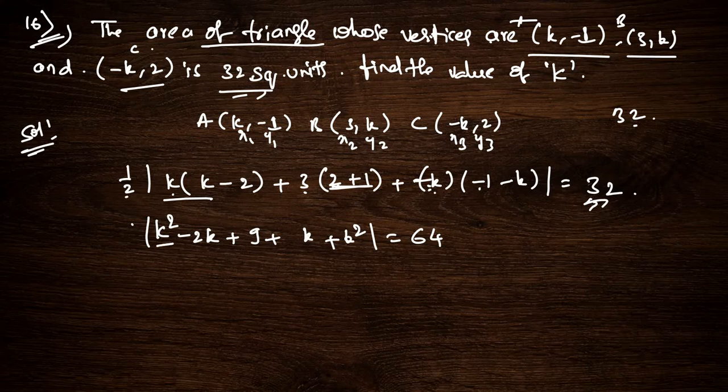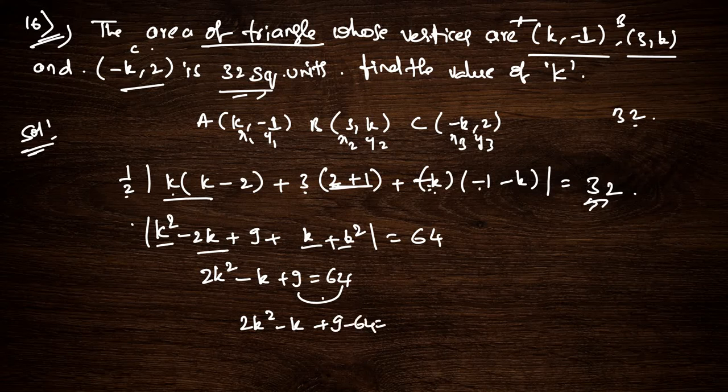So this is 2k square minus 2k plus k minus k plus 9 is equal to 64 here. 64 comes inside, it is 2k square minus k plus 9 minus 64, and that becomes minus 55. So it will become 2k square minus k minus 55 is equal to 0 here.